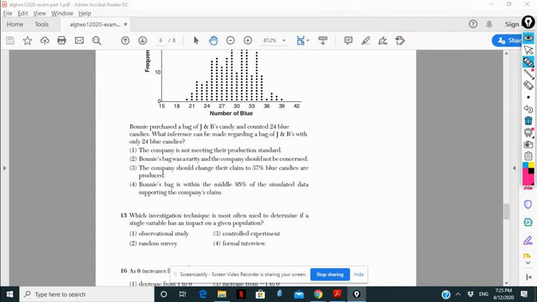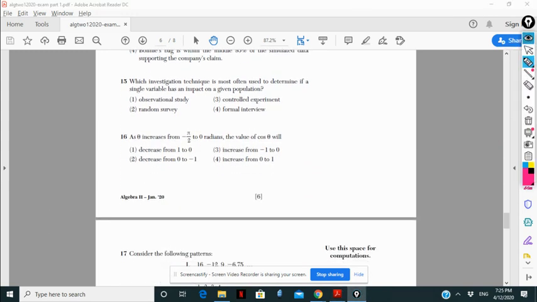Okay, question number 15. Which investigation technique is most often used to determine if a single variable has impact on a given population? Given population means I select a certain type of population. So I should use a control.